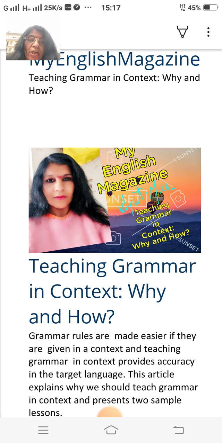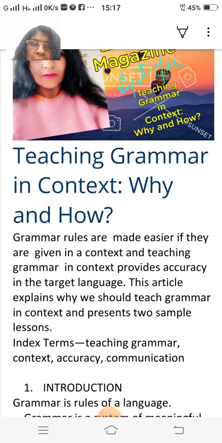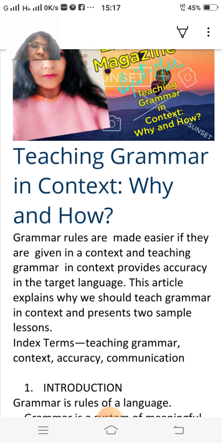This is teaching grammar in context, why and how. This is also in MA first semester second paper, and I explained to you that grammar rules are made easier if they are given in a context, and teaching grammar in context provides accuracy in the target language.